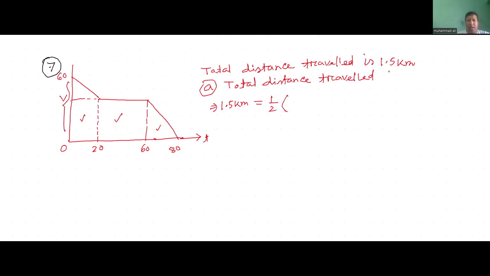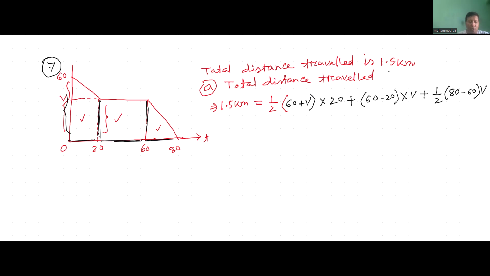Half (a plus b), so a is 60 and b is from here to here, this is v. And h is this one, this is 20. Plus, this part is 60 minus 20, that means 60 minus 20 is the length. And the breadth is this part, v. Plus, this part is half into (80 minus 60) into v.